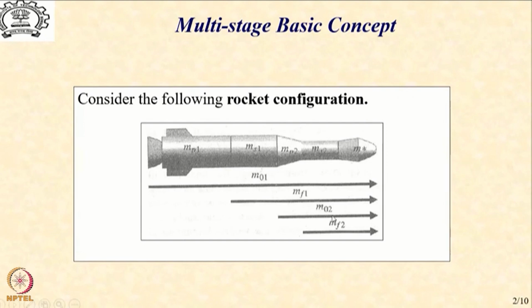So M02 is nothing but MF1 minus MS1. And then of course the cycle continues, that when the second stage completes the operation, it would have burnt the propellant MP2, and then what would be left will be MF2, and then of course the subsequent stages.